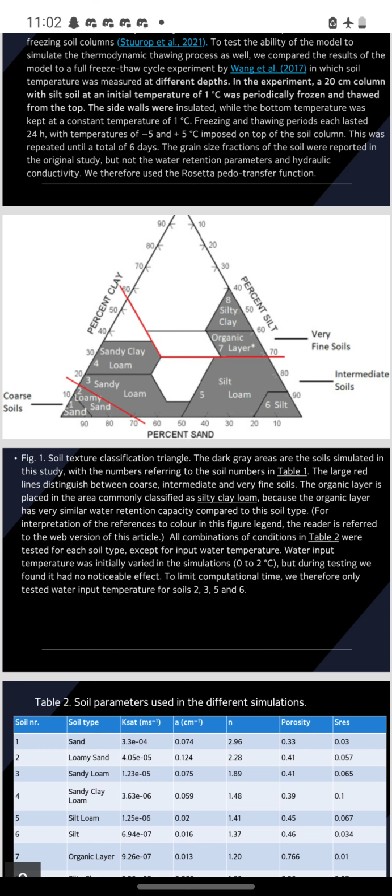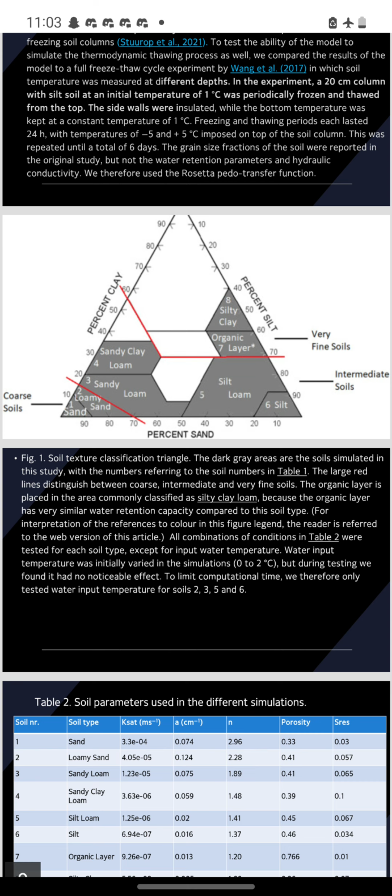Large red lines distinguish between coarse, intermediate and very fine soils. The organic layer is placed in the area commonly classified as silty clay loam because the organic layer has very similar water retention capacity compared to that soil type.